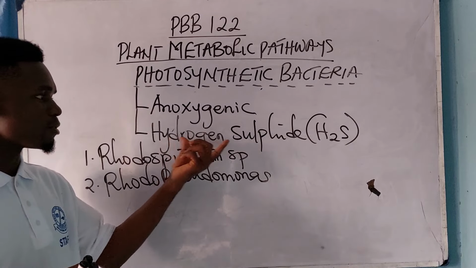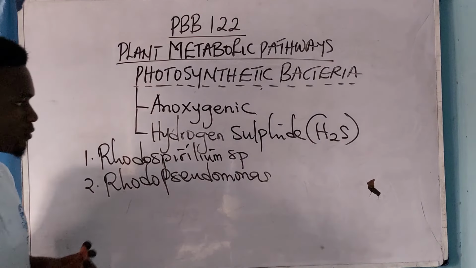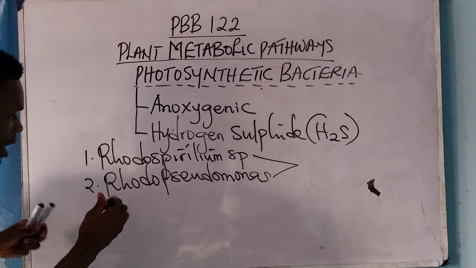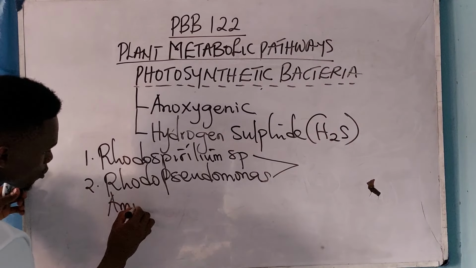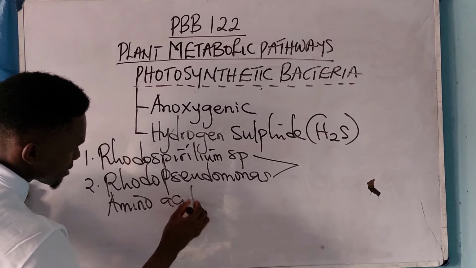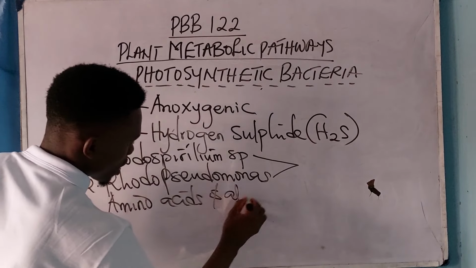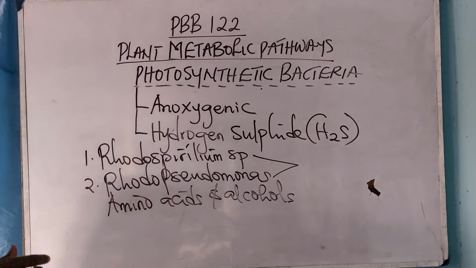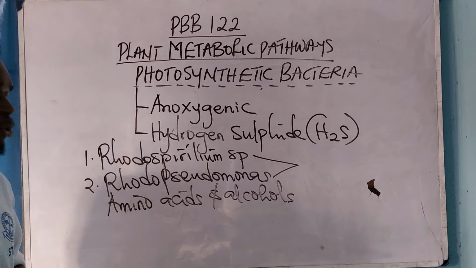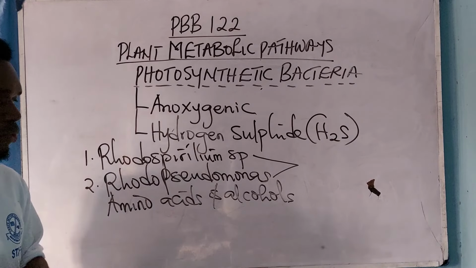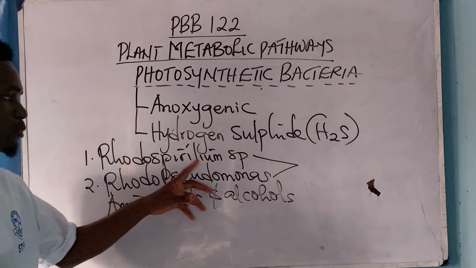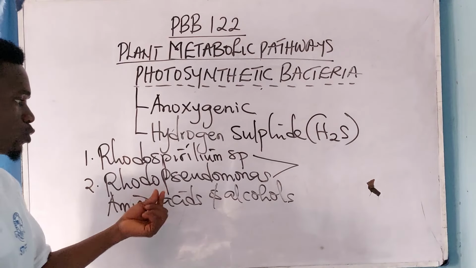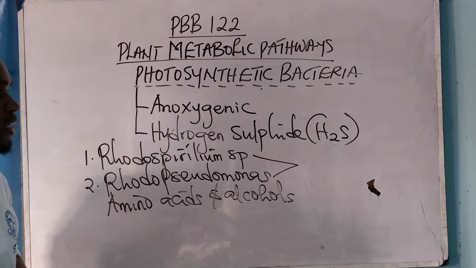If they don't make use of sulfur, they make use of amino acids and alcohols. So please take note, they'll ask you which of these bacteria make use of amino acids and alcohols. It is Rhodospirillum and Rhodopseudomonas. This word pseudo means false. So please take note of that.